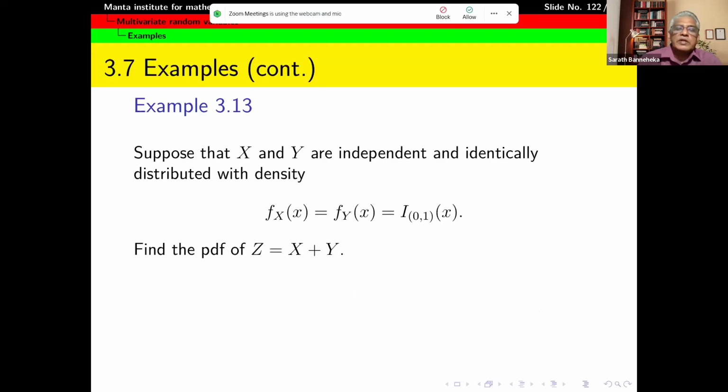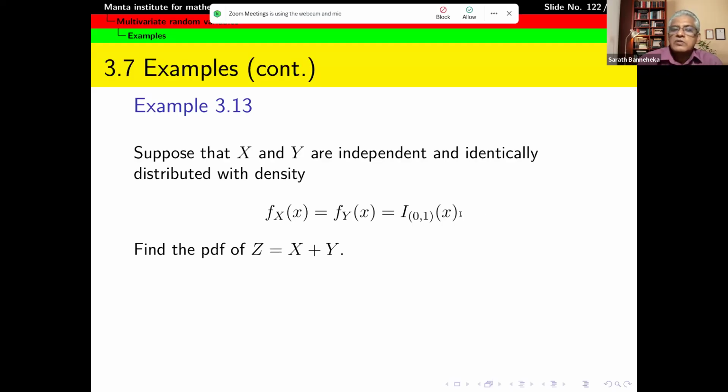So if I write down f of x of a uniform distribution, that is, the density function of a uniform distribution, I can write it as I_{0,1} with subscript x. This is an indicator function. It takes only two values. If x is in this interval, then I_{0,1}(x) will be equal to 1.